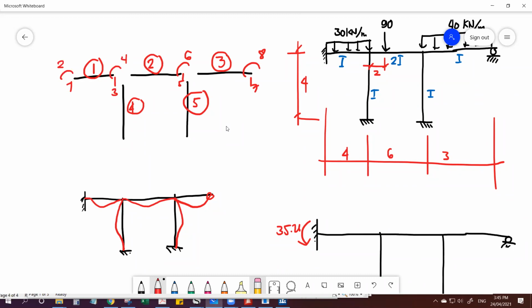So this will be 7, 8, 9, rotation 10, this will be 11. But since we have a common rotation on this joint, this is 4. Next is 12, rotation 13, then 14, then rotation 6.